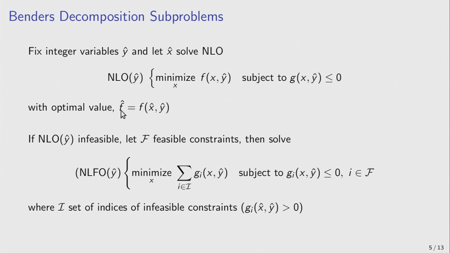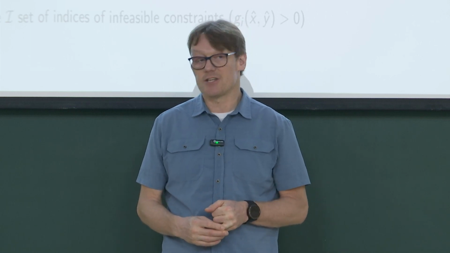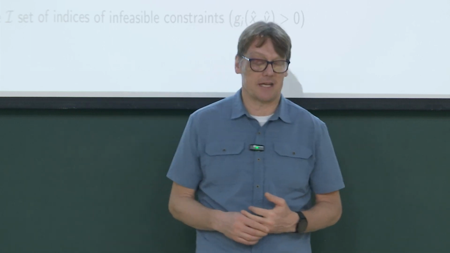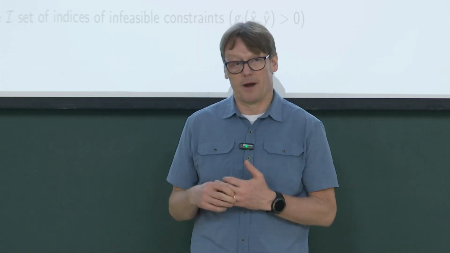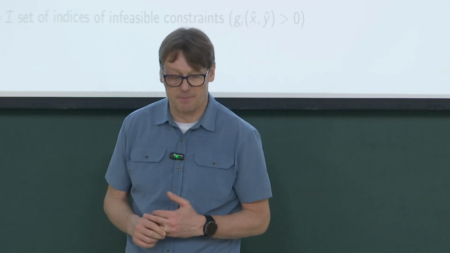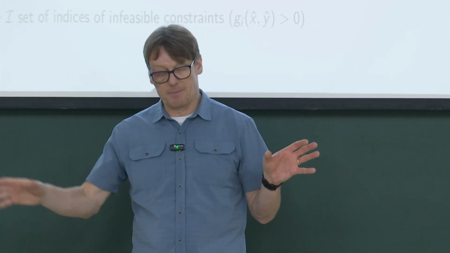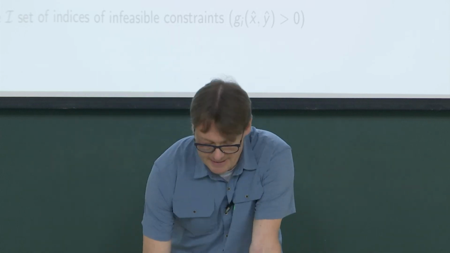But in general, nonlinear optimization problems may not be feasible, and detecting whether a nonlinear optimization problem is feasible or not is just as hard as solving a nonlinear optimization problem. And so if the nonlinear optimization problem is infeasible, then we split the constraints into feasible constraints and infeasible constraints.